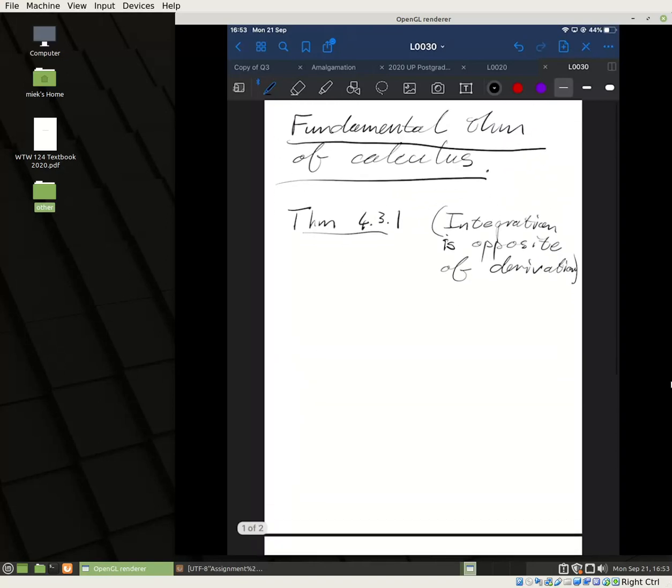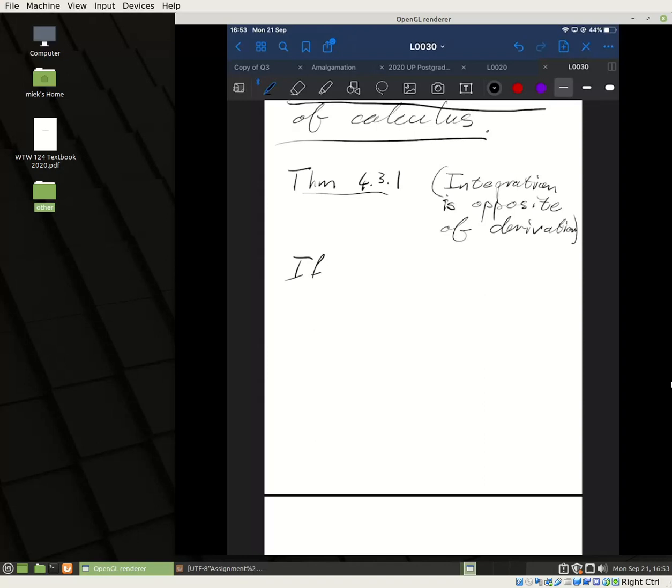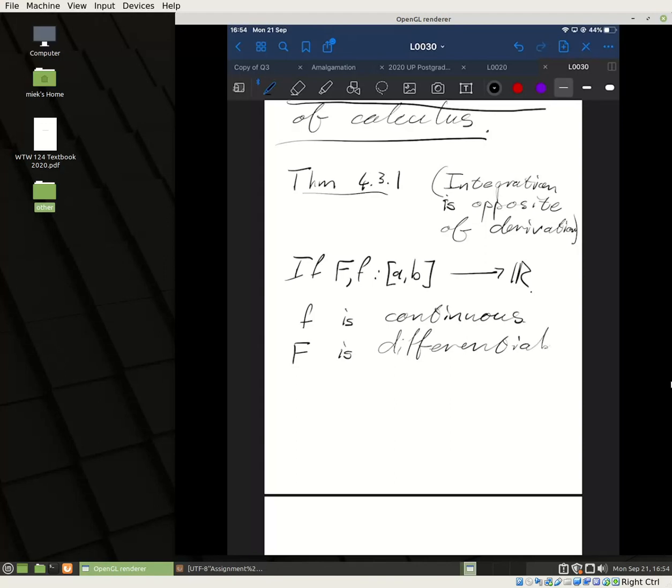Okay, let us take a look at this theorem. If we have two functions, little f and big F, defined on a closed interval a to b to R, little f is continuous, big F is differentiable, and the derivative of big F is equal to little f for t in the interval a b.